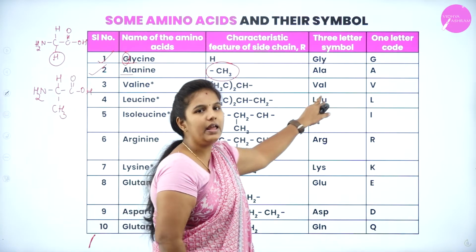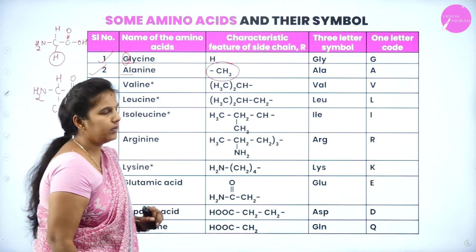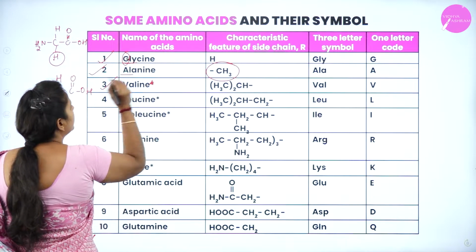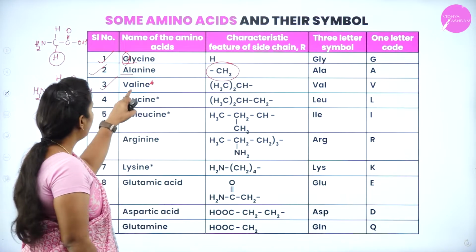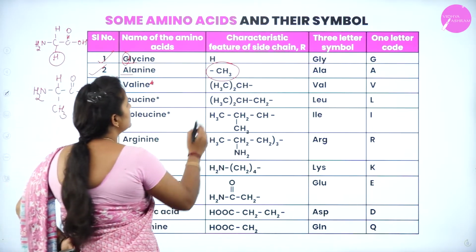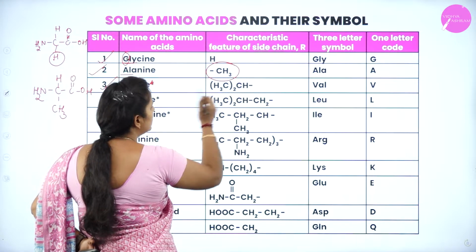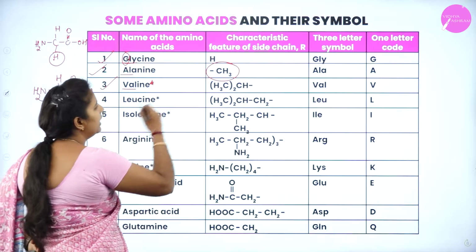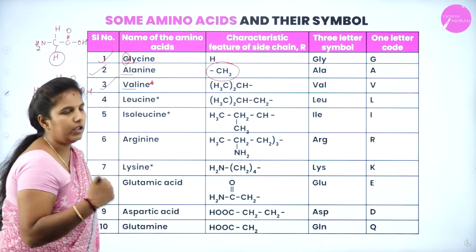So it is ALA and the capital letter is A. Next I'll go for valine, which is very important. Okay, valine, and the variable group is (CH3)2CH, and the 3-letter code is VAL and the capital letter will be V.